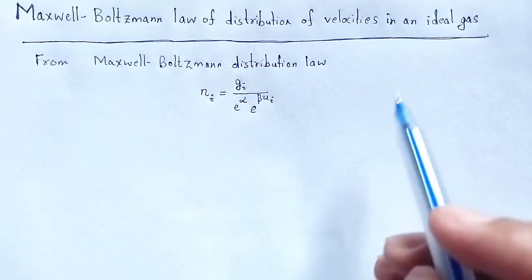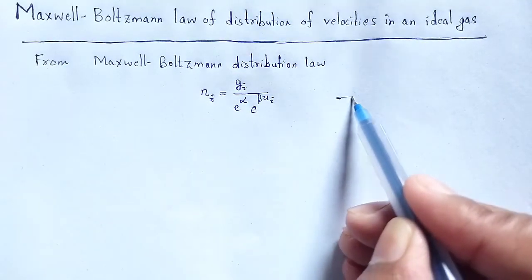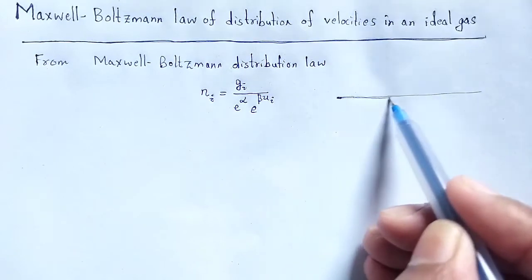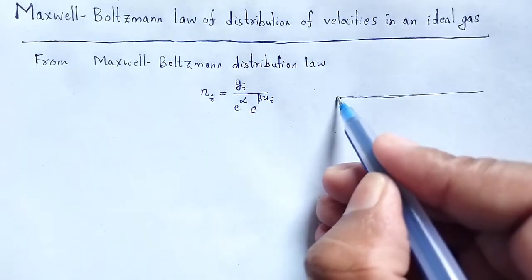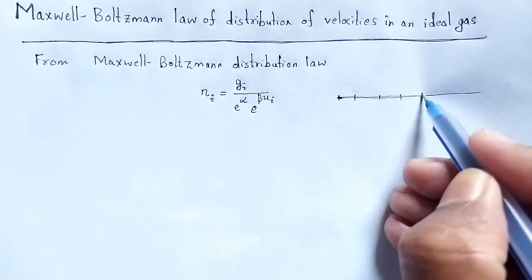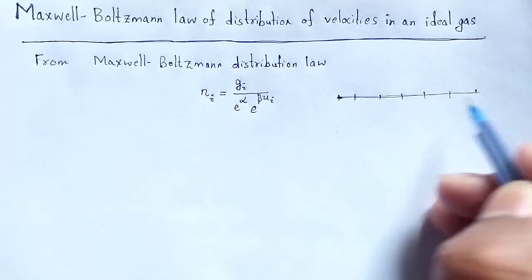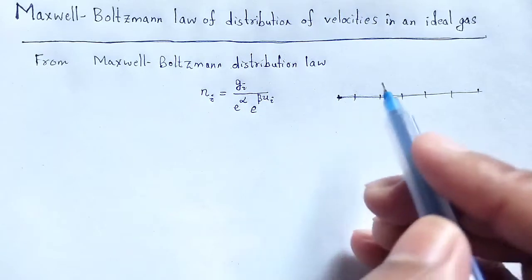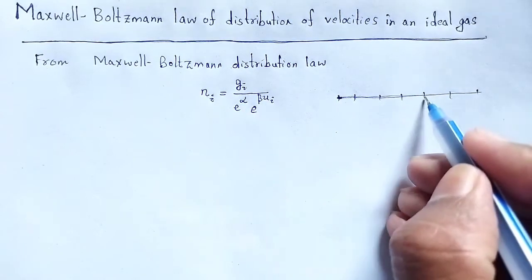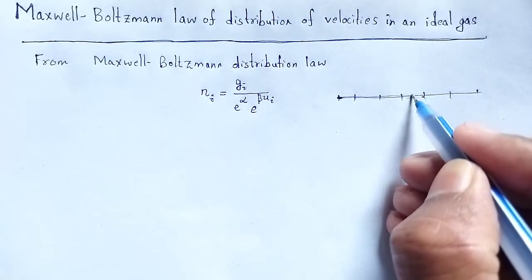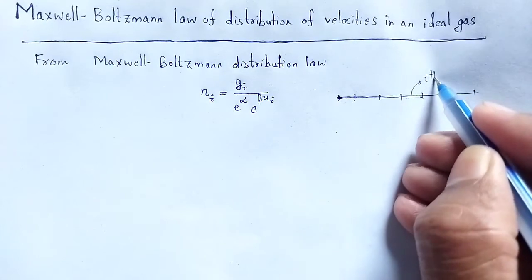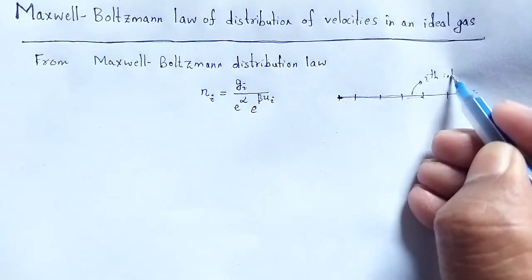Here for Ni we take the intervals or components like 1, 2, 3 up to k number of intervals or components. Here we take the ith interval.